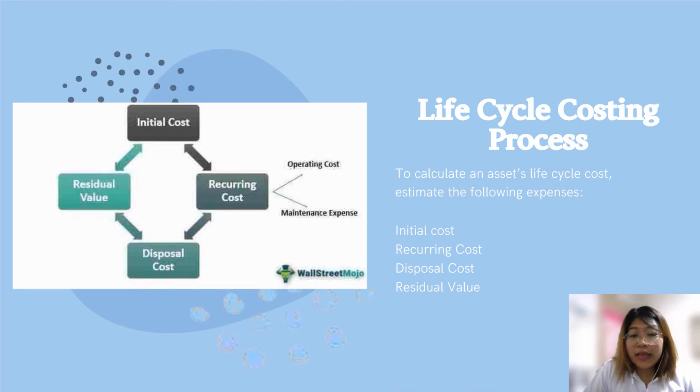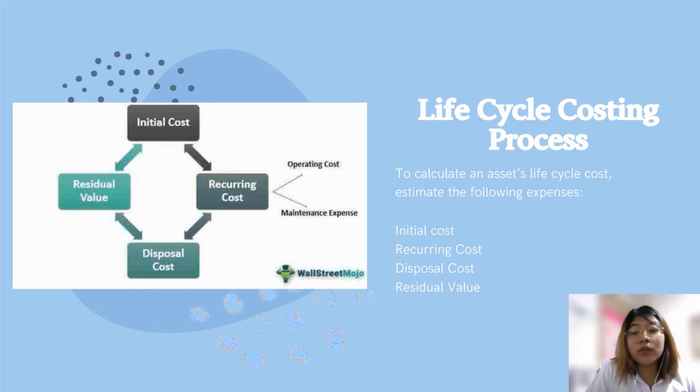As you can see here in the slide, we can calculate the asset's life cycle cost with the expenses estimated below. First is the initial cost. Second is the recurring cost, where the operating cost and maintenance expense are already included.